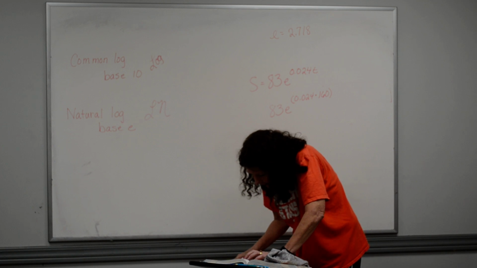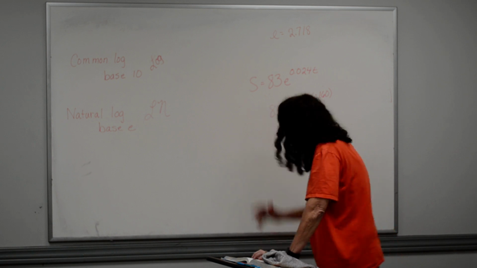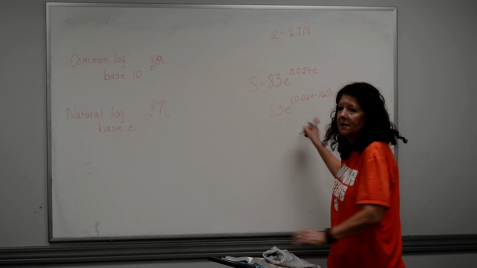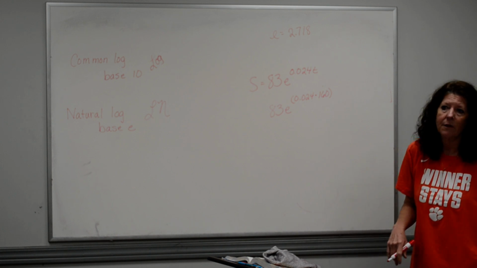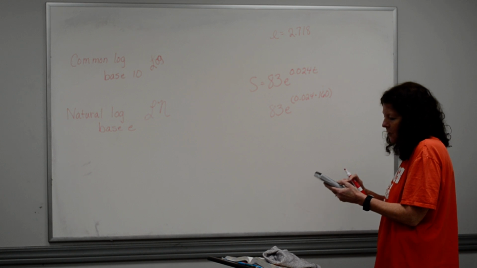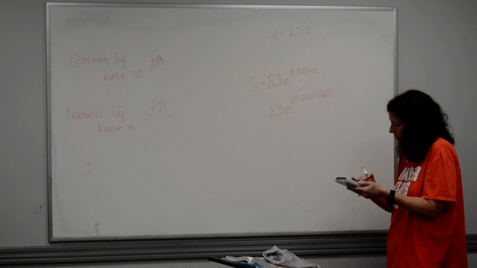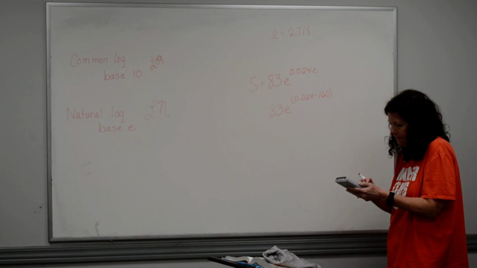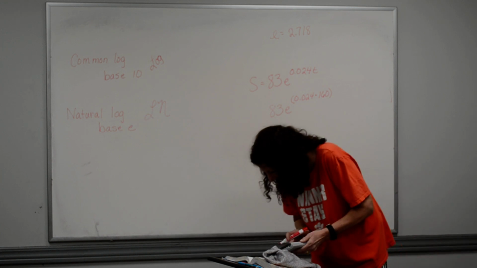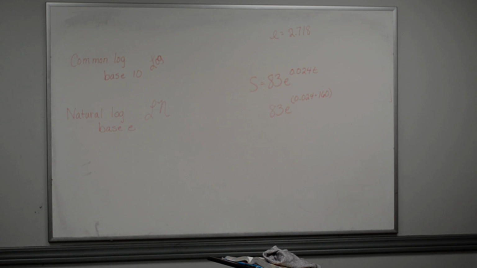Now, I don't know why they did it the way that they did it, but, you know, you've got a calculator that you can put this into. They did natural logs of it, but I don't know why that would be the case. If you did 83 times, and then you did E raised to, and put that in parentheses, 0.024 times 160, you're going to get 3,861.